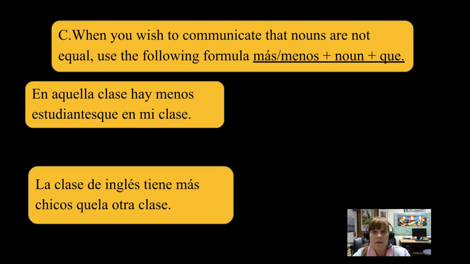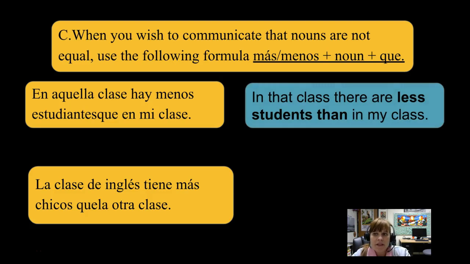When you wish to communicate that nouns are not equal, use the following formula: más/menos plus noun plus que. En aquella clase hay menos estudiantes que en mi clase. So what this means, right, is in that class there are fewer students than in my class, right?